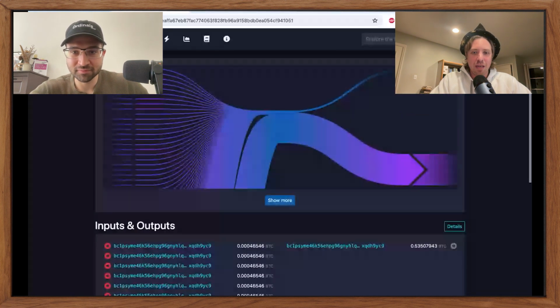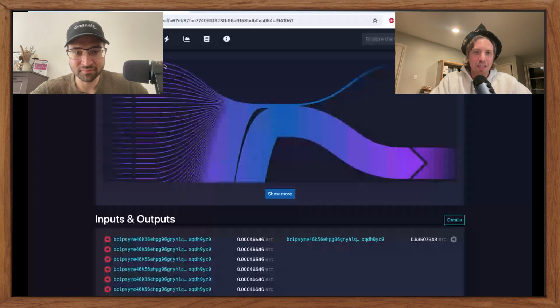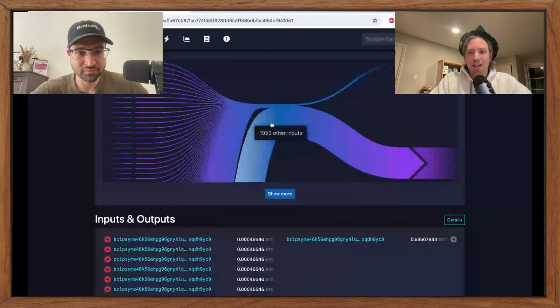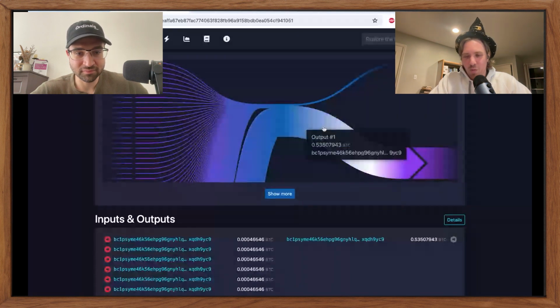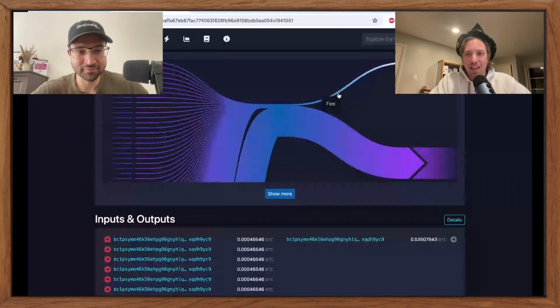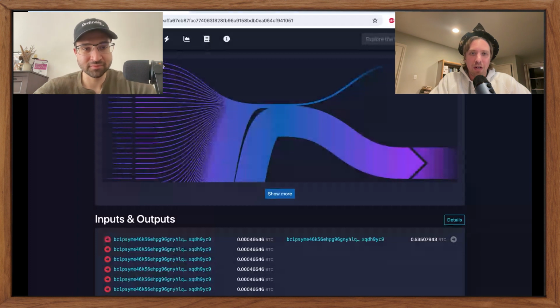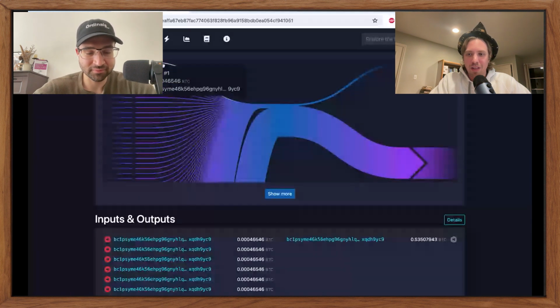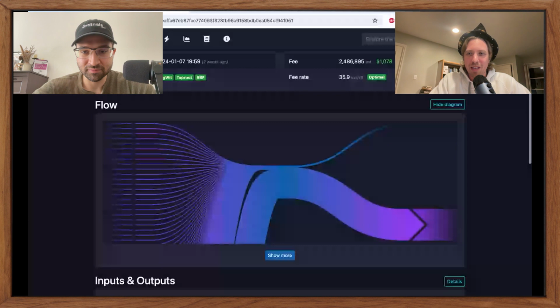And each one of these inputs is a very small amount. The output is this one giant UTXO that's now 0.53 Bitcoin, and then the fee they paid, which is the $1,000 fee that it cost to take all of these very small inputs, probably worth maybe a couple dollars each, and put them all together into this one big output.